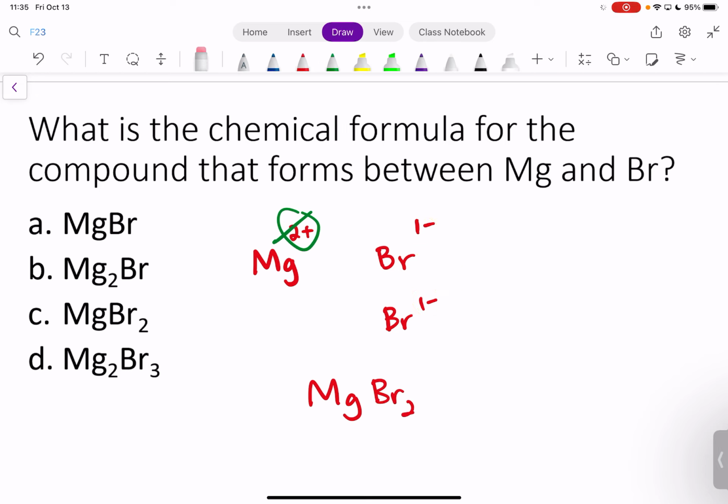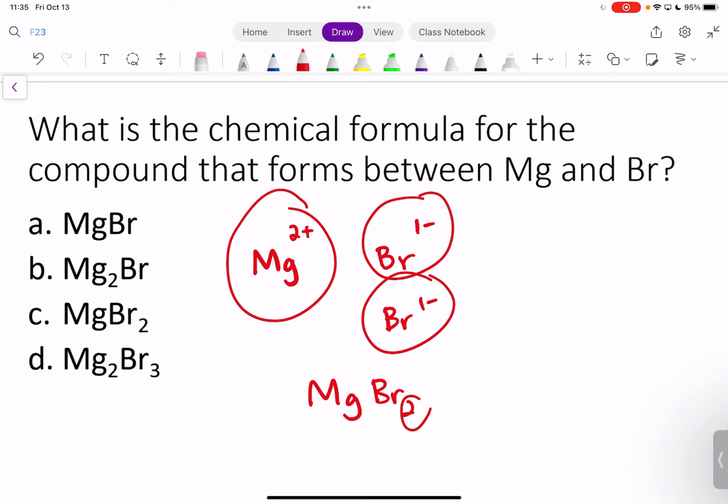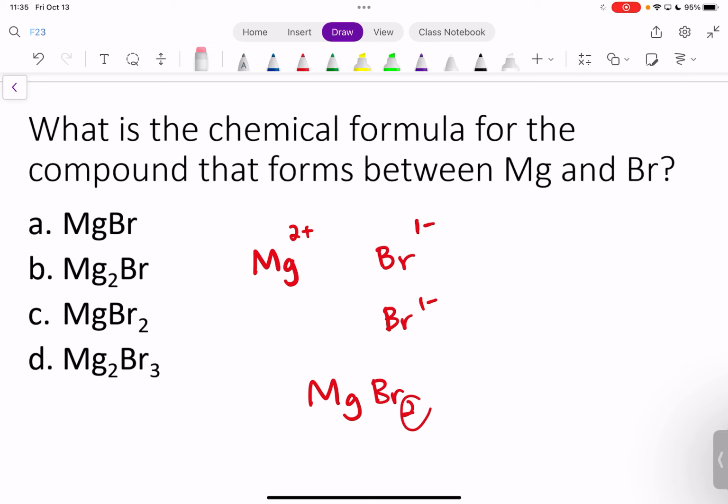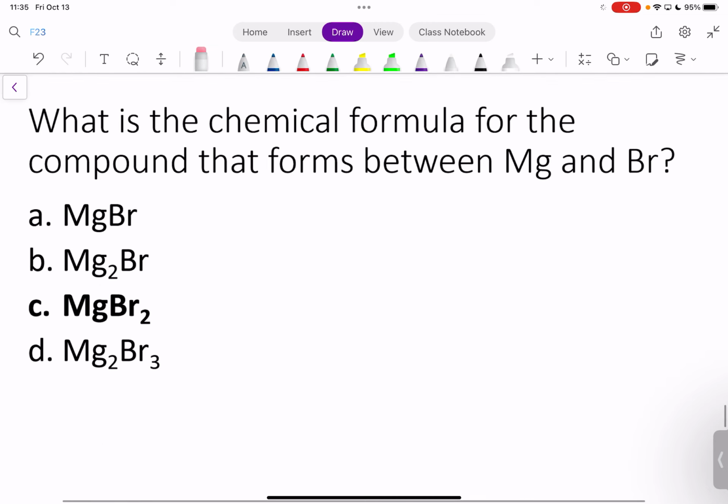Because now I've got 2 bromines bonding with 1 magnesium. It's just like H2O is 2 hydrogens and 1 oxygen, right? All right. Did I put that on there? Okay, good. Whew. C, MgBr2.